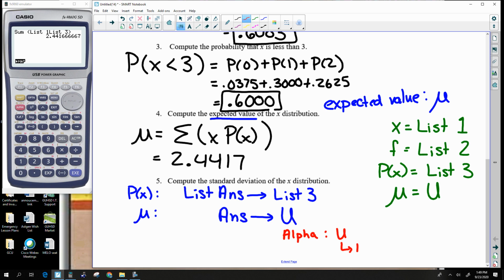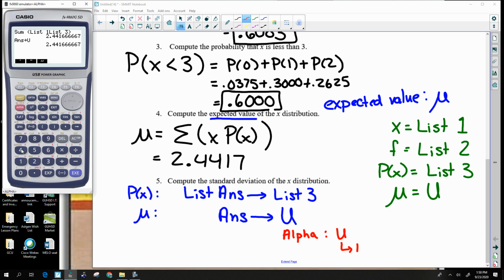So I have this answer, so I'm going to hit my answer, store, and again, that's the arrow that is above the on button. I'm going to store this as the letter, so I hit alpha, and then the letter U, which is the number 1.